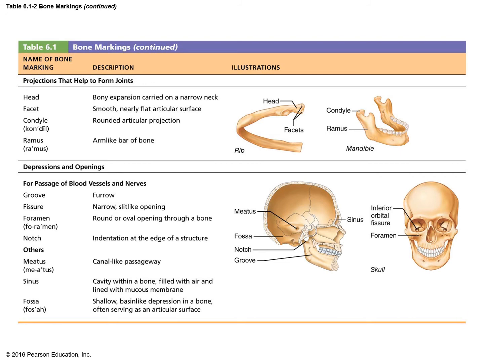What I often recommend, and this is just my own personal recommendation, you can take it or leave it, is that you first learn the bones and then go back and learn the markings, because to me it just seems to make more sense. Number one, it's not going to do you any good to know the markings on a bone if you don't know what the bone is and you don't know where that bone is.